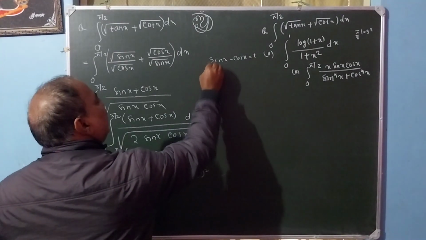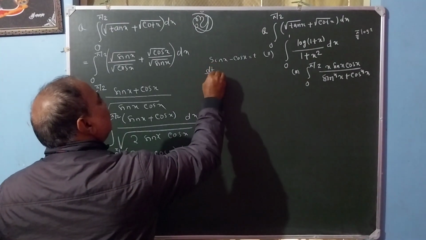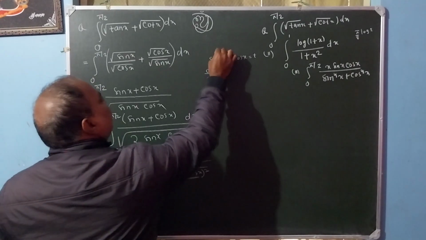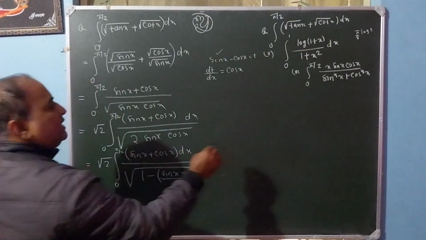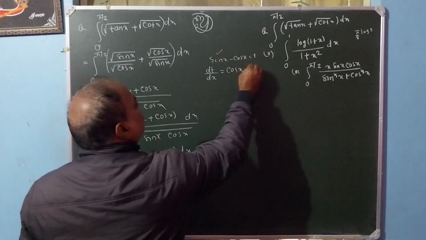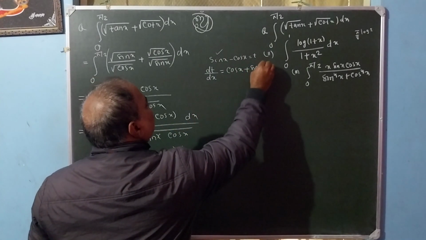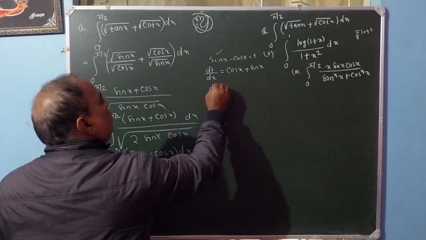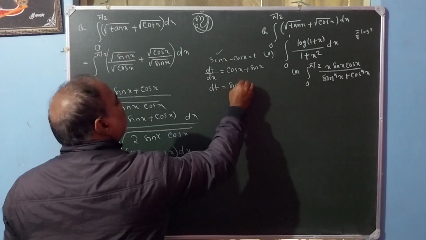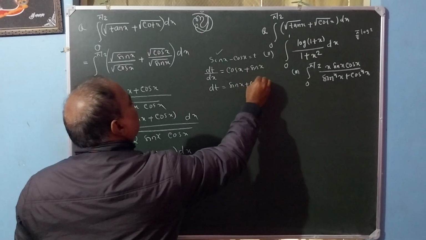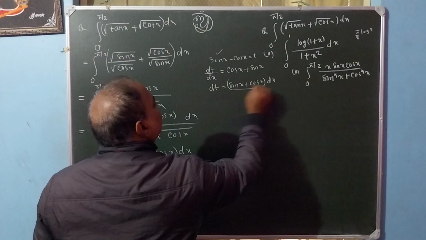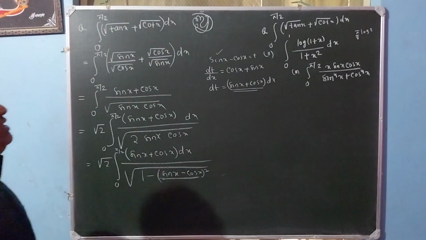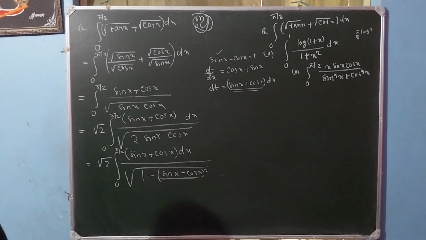So dt by dx is equal to the derivative of sin x, which is cos x, and the derivative of cos x, which is minus sin x, so it is sin x plus cos x. So dt is equal to sin x plus cos x whole into dx.